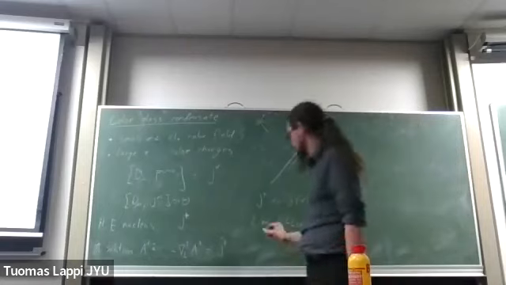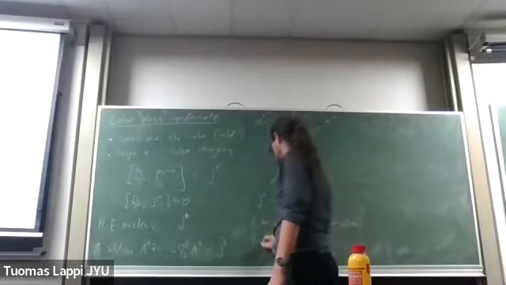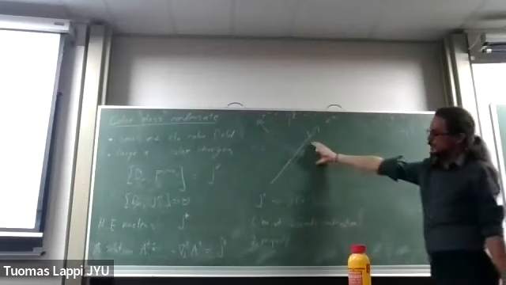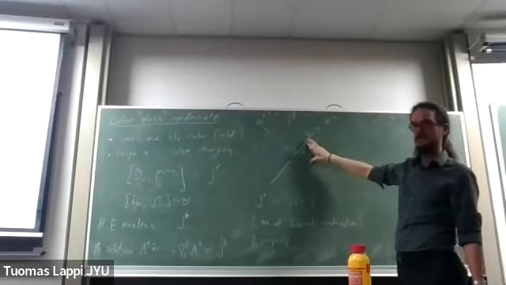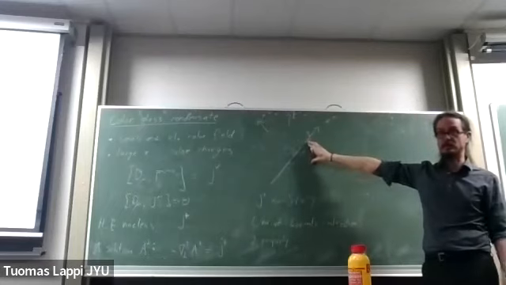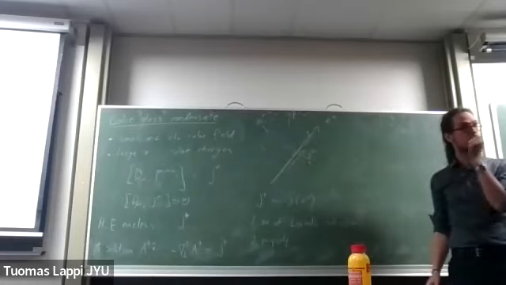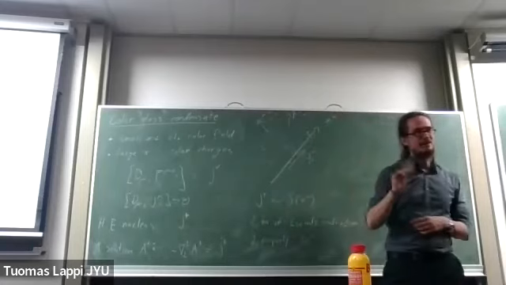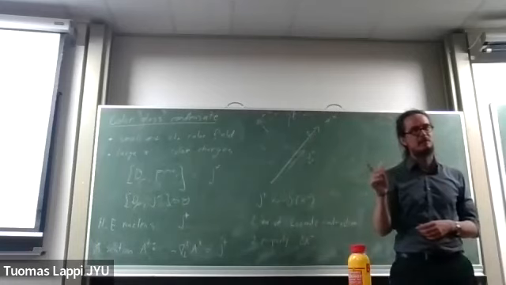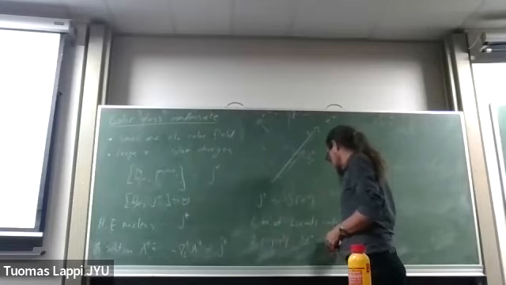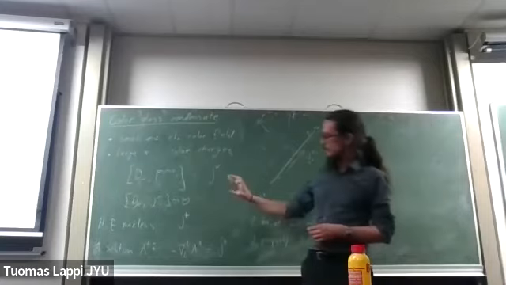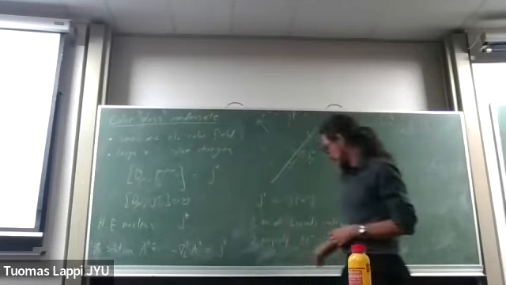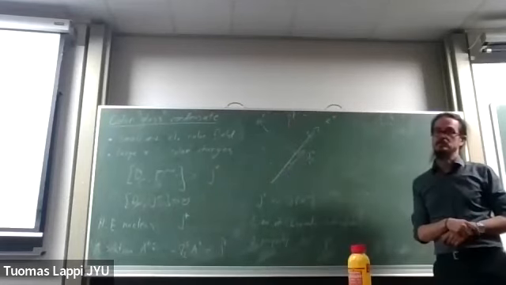The more proper explanation is that the degrees of freedom this current represents are high p plus degrees of freedom. They carry large plus momentum. Remember, in our light cone coordinates, x minus and p plus are conjugate variables. So because the current represents very high p plus degrees of freedom, I can assume that they are very localized in x minus.